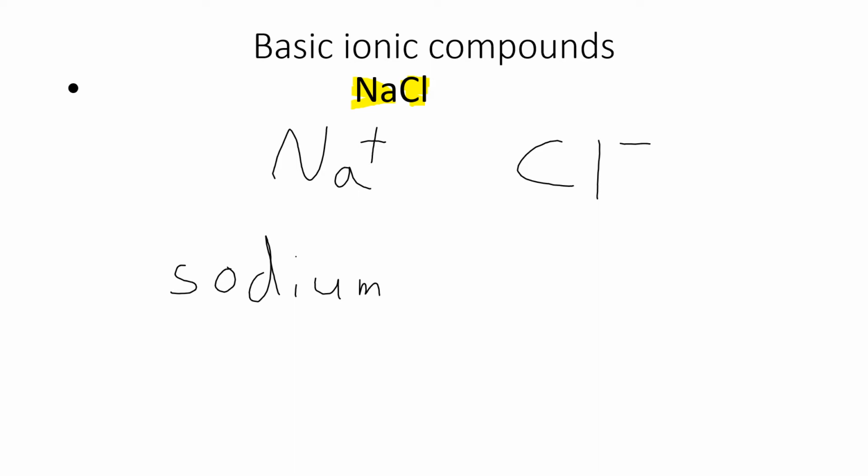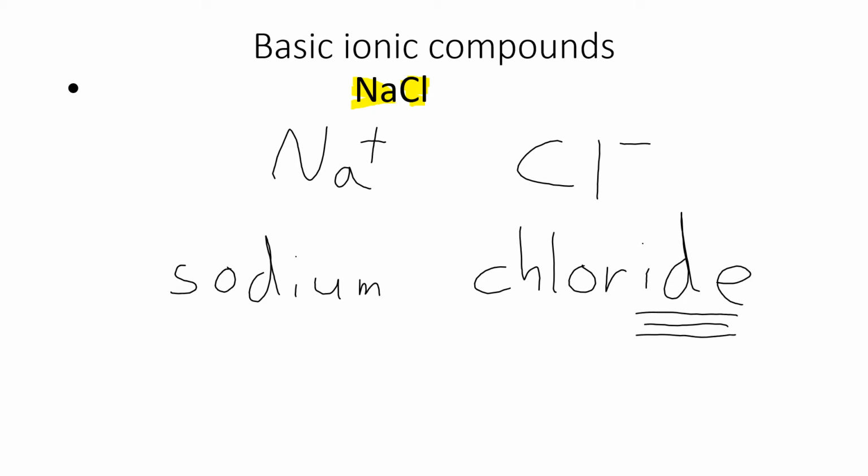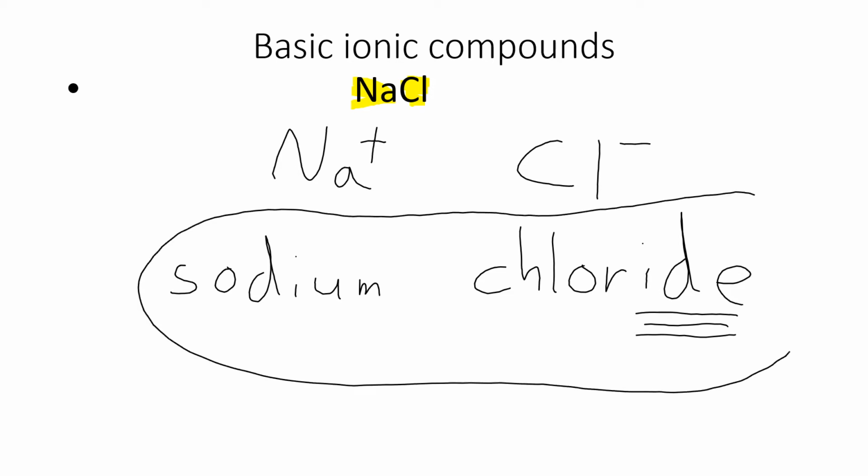So instead of chlorine, we're going to take off the ending of chlorine, and instead of using the INE ending, like the name of the element, we replace that ending with the IDE. So this is the name of our compound, sorry, sodium chloride, just what you're familiar with.